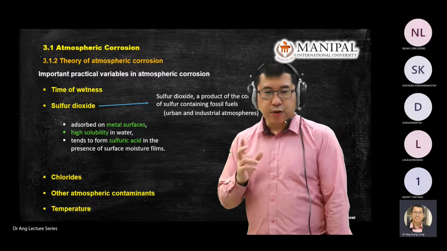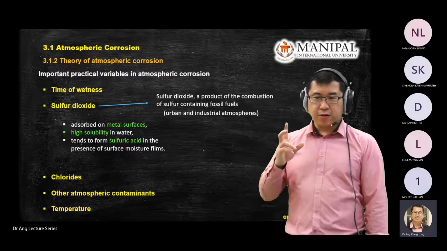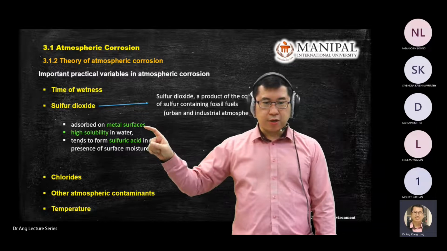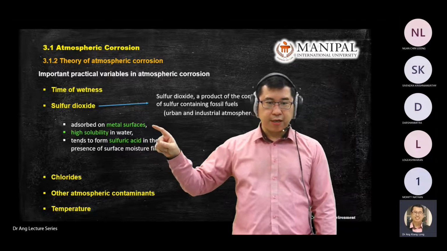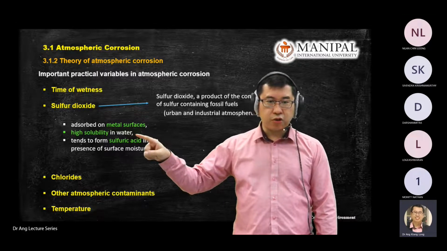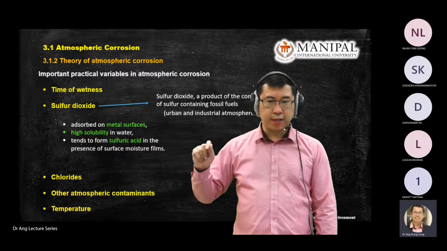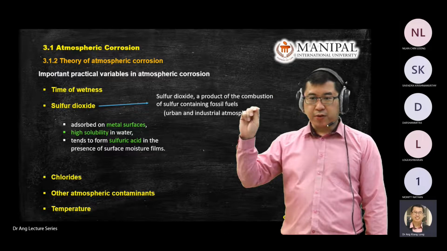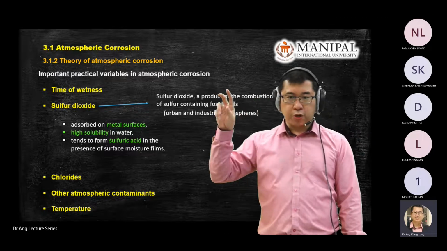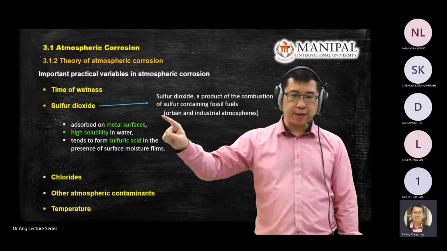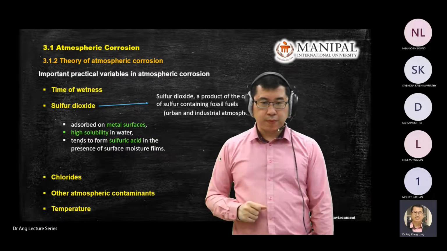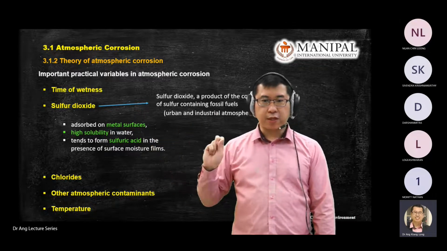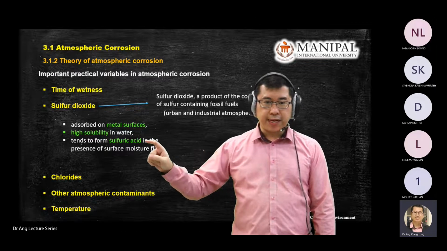Why is sulfur oxide a critical contaminant? It is because it can absorb on the metal surface, and it is highly soluble in water. When you have moisture, you have the H2O molecule, and the sulfur oxide is going to grab the H2O molecule. Also, when sulfur oxide combines with water, it will form acid.